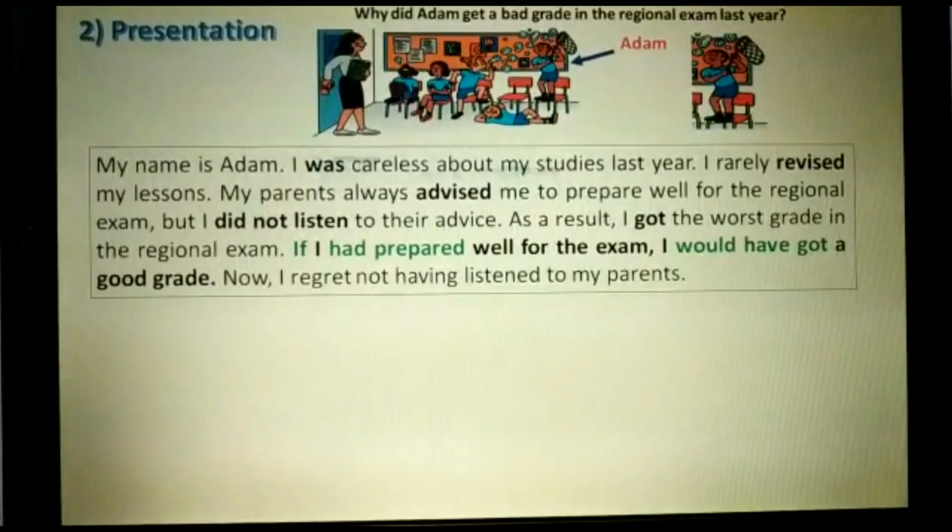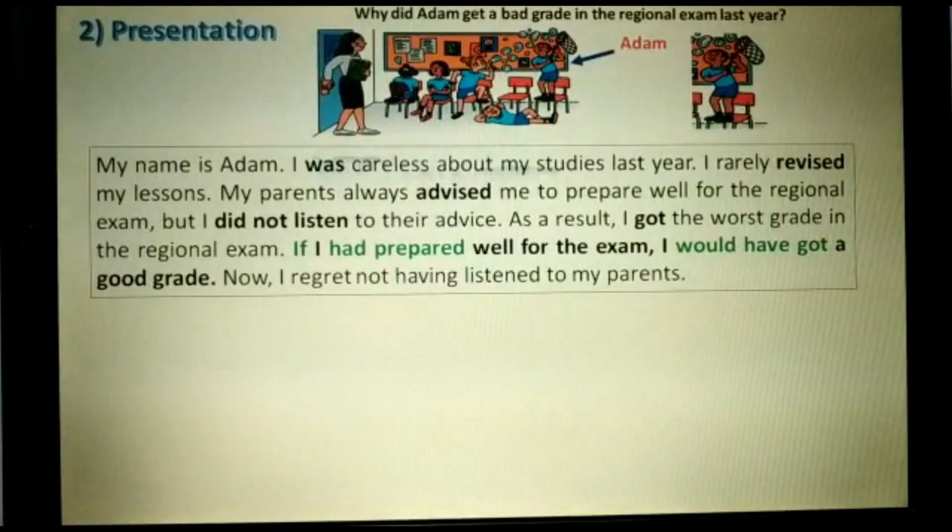My name is Adam. I was careless about my studies last year. I rarely revise my lessons. My parents always advised me to prepare well for the regional exam, but I did not listen to their advice. As a result, I got the worst grade in the regional exam.